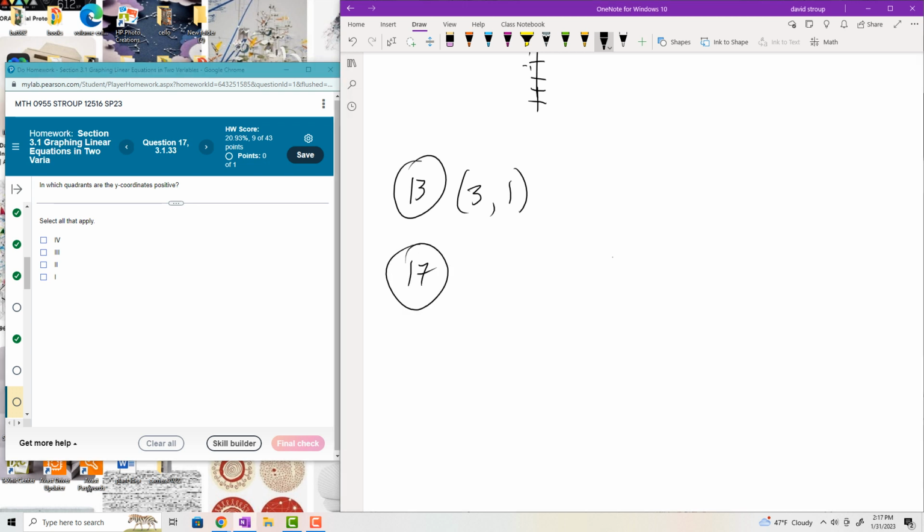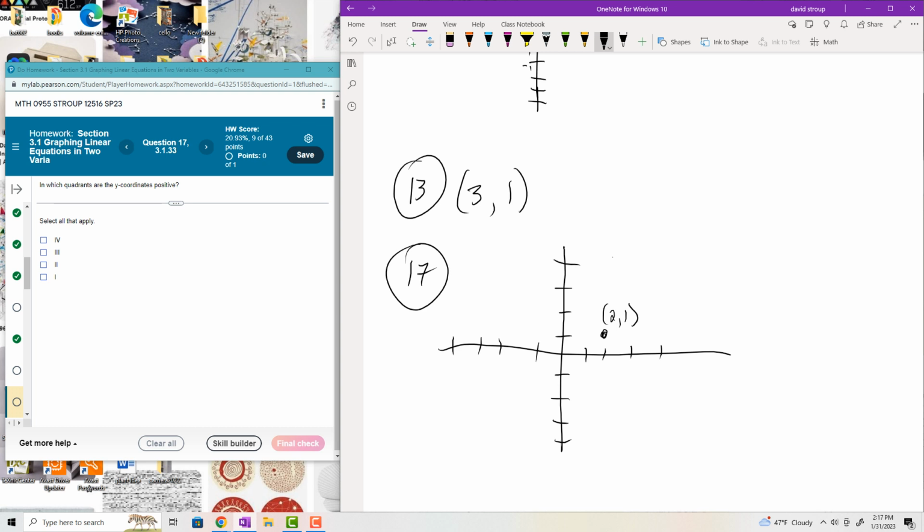So number 17. In which quadrant are the y coordinates positive? So what you can do if you're not sure is just pick a point in each quadrant and look at the signs of the coordinates. Okay, so if you look at the point 2, 1, both of its coordinates are positive. So we can write that in the first quadrant.